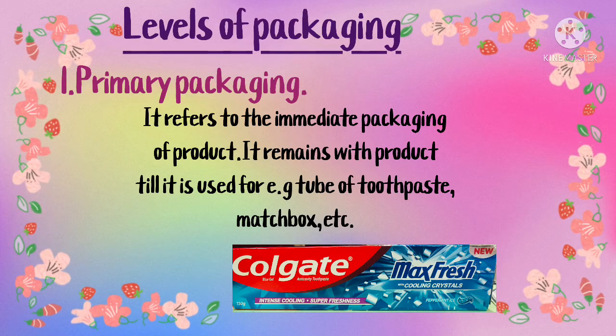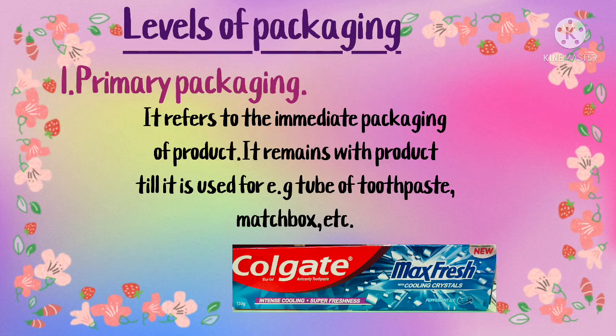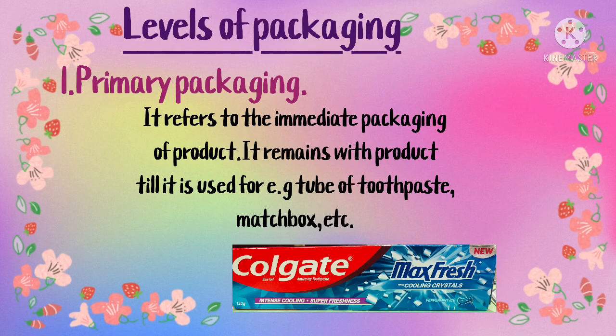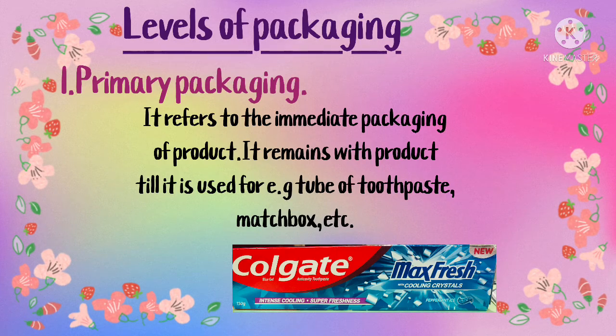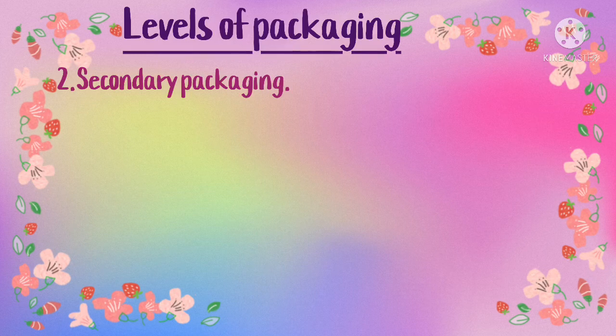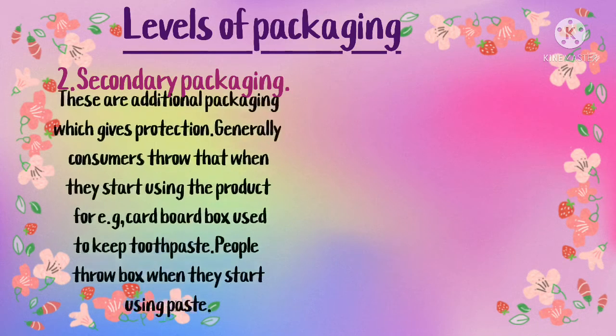Whereas in other cases, it is kept throughout the entire life of the product. So for example, a toothpaste tube, a matchbox, etc. So this was the explanation of primary packaging. The second one is the secondary packaging.